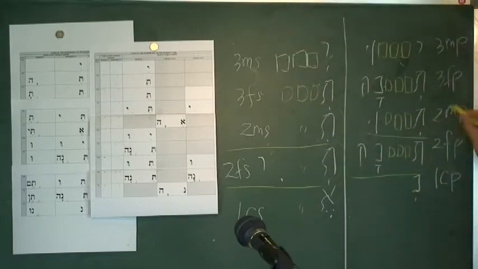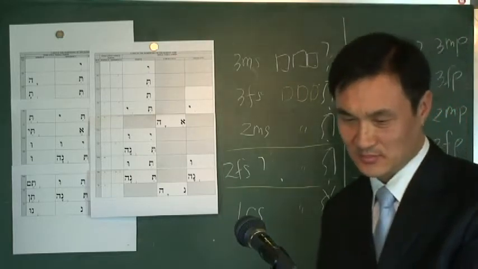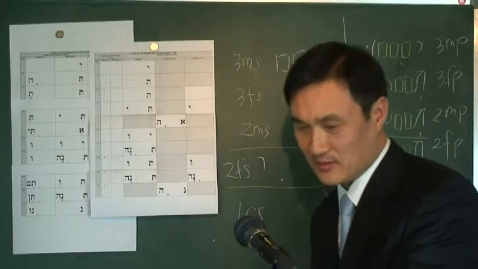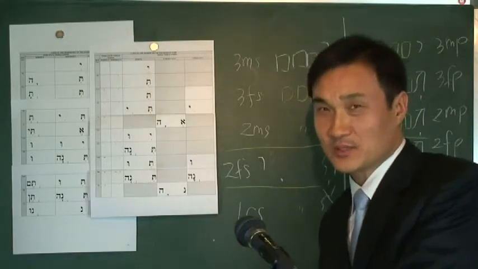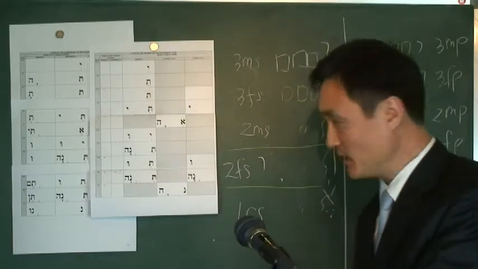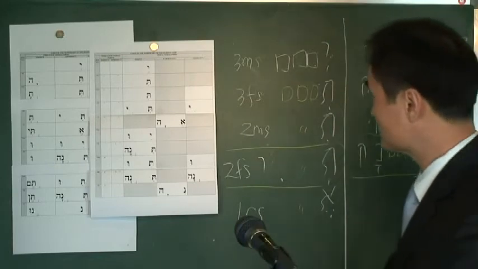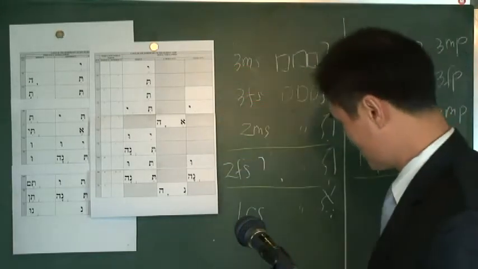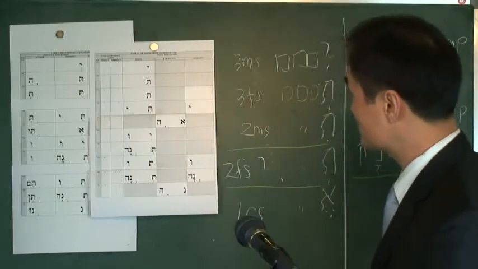Without the prefixes, the forms would be a second person imperative. Let's use the verb malak as an example.